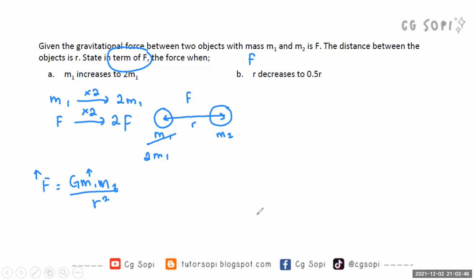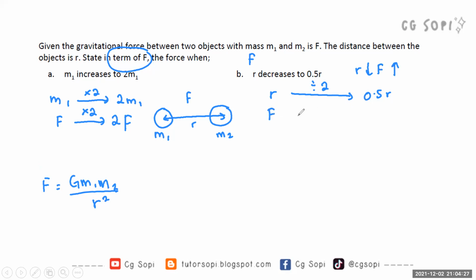Now let's see what happens if R becomes 0.5R, so it becomes half. From the formula, F and R squared are inversely proportional. From R becoming 0.5R, basically you divide by 2. But remember, F and R are inversely proportional, so when R decreases, F has to increase.